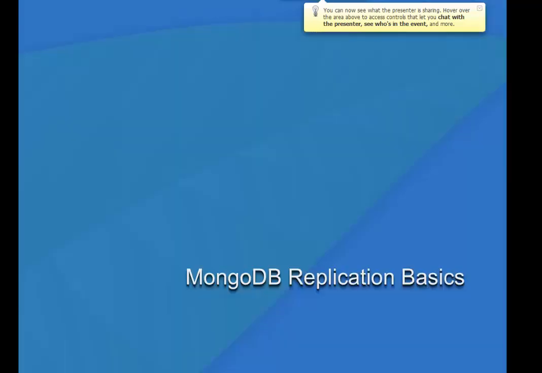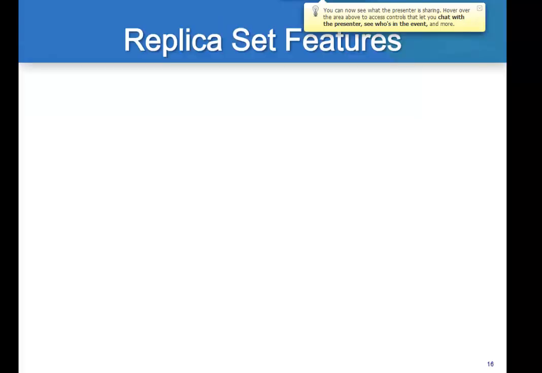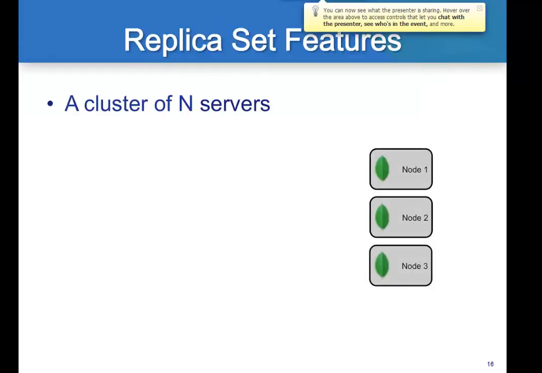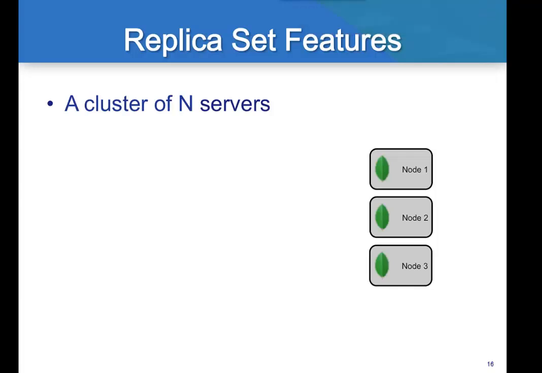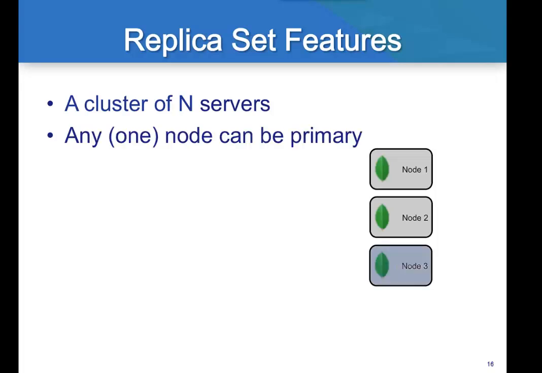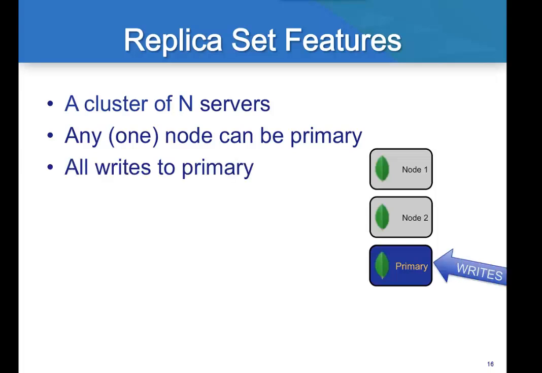So at this point, I want to move on to the basics of replication. In MongoDB, a replica set is a cluster of some number of servers, typically 3. And one of those is the primary. The primary is special because when you write to the replica set, you write to the primary node.